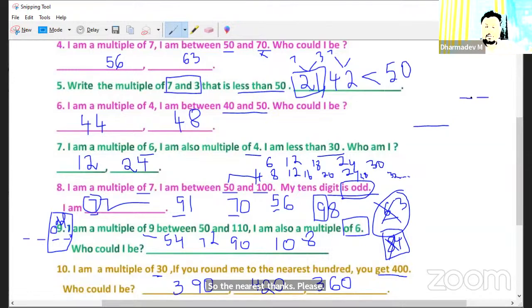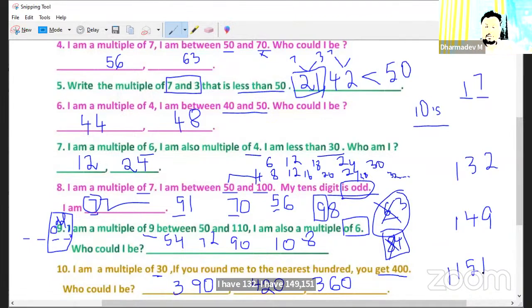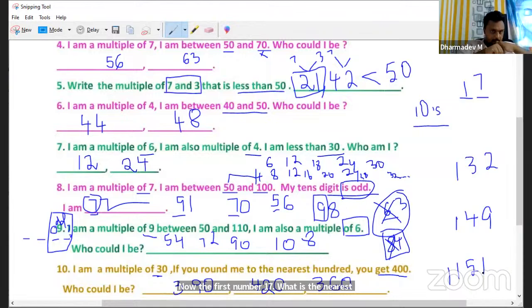Let's say I have 17, I have 132, I have 149, 151. Now the first number, 17. What is the nearest tens place? I'll explain the eighth question again.